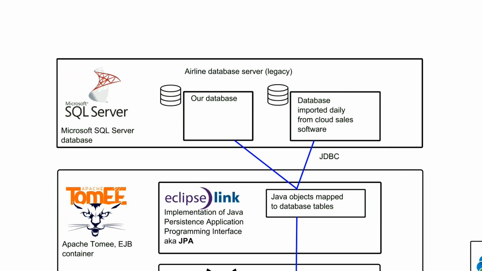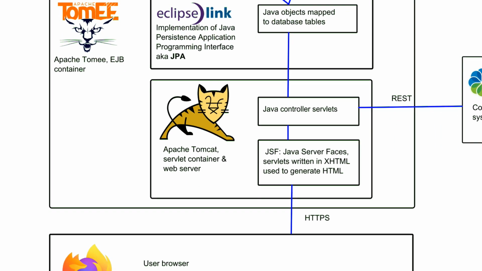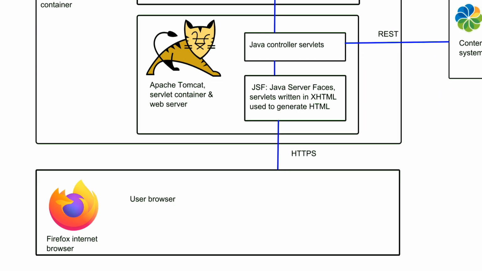An existing Microsoft SQL Server hosts the FOT database and a daily copy of the sales software database. The business logic is written in Java, running in Tomcat Application Server. And the presentation layer is written in XHTML and makes use of several JSF libraries for creating calendar date pickers, tables, and menus.